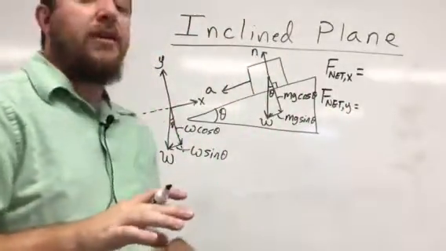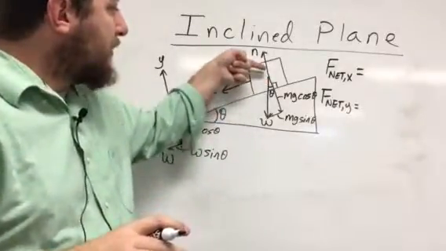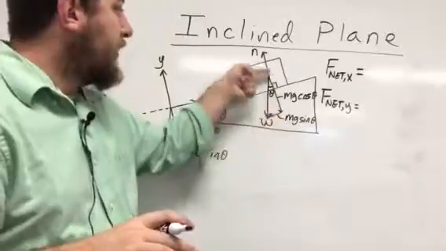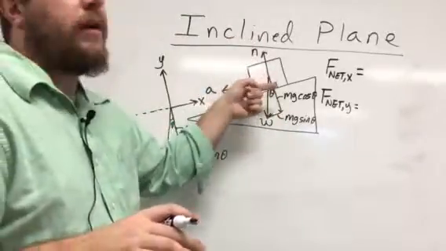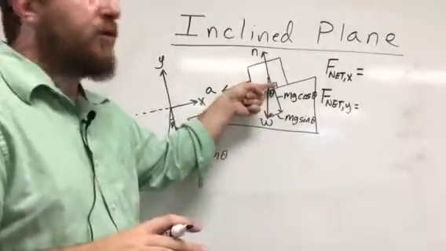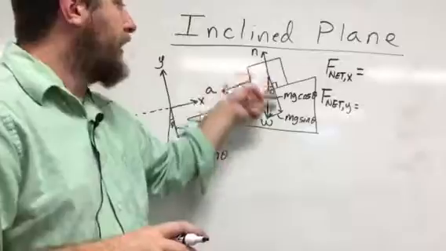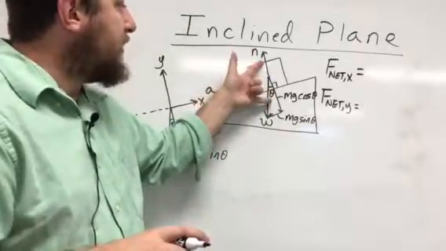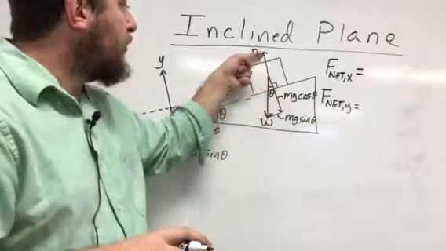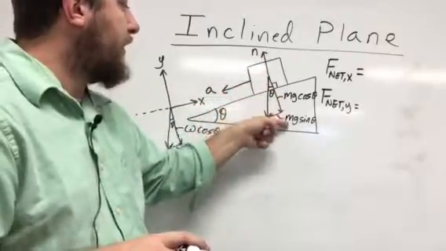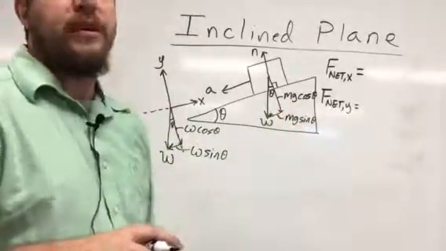In the y direction, it's not accelerating downward in the negative y direction, and the plane is pushing up, but it's not pushing up enough that the box jumps up in the y direction. So what's happening is that these two forces are balancing, okay? The normal force is being counterbalanced by the weight in the negative y direction, or mg cosine theta.